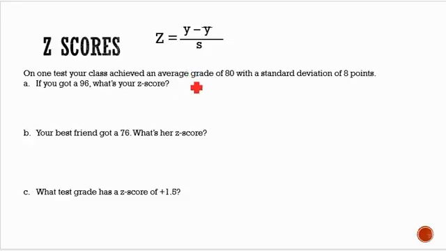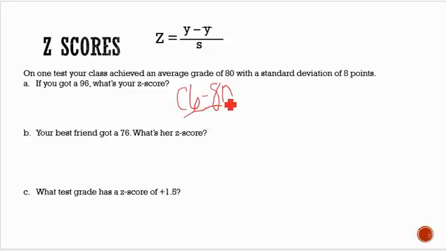So if you got a 96 on your test, that means you had 96 minus 80, your average, to find your z.